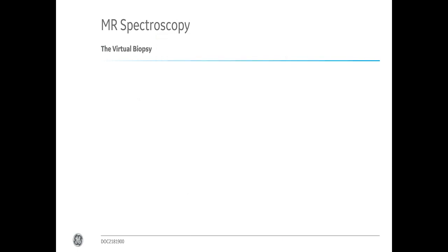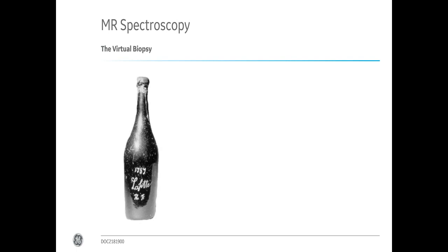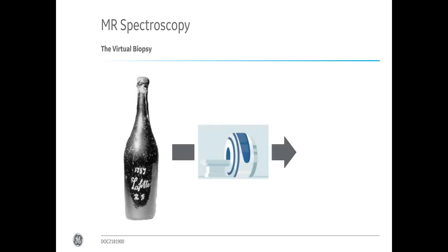So now coming back, what is so different in MR spectroscopy compared to imaging? Just consider this bottle of wine. In this example, a very old one, one of the most expensive ones from the 18th century, a Lafite. What happens if we put this bottle of wine in a scanner and make an image out of it?